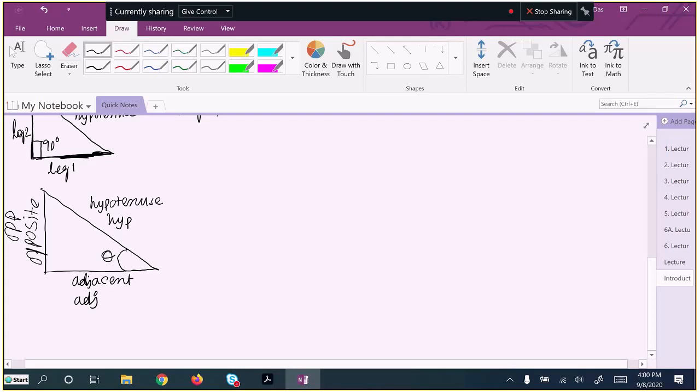With these assignments of adjacent, opposite, and hypotenuse, the ratio of two sides of these three of a right angle triangle is going to generate nice trigonometric ratios, and we will define them as follows. We will say sine of theta is the ratio of the opposite side with respect to theta over the hypotenuse, and we will read it as sine of theta.